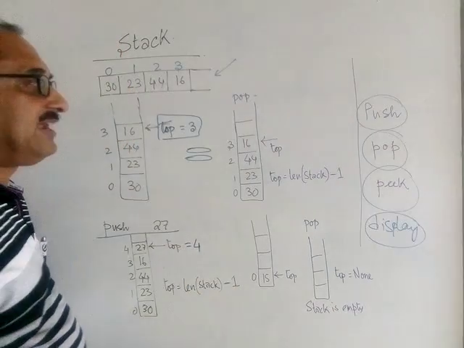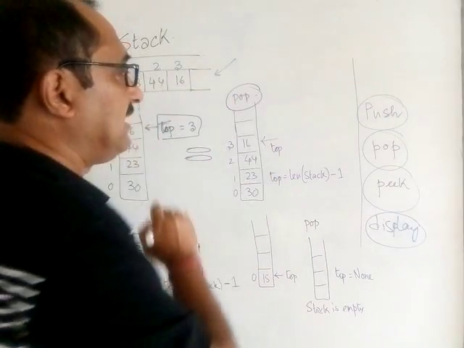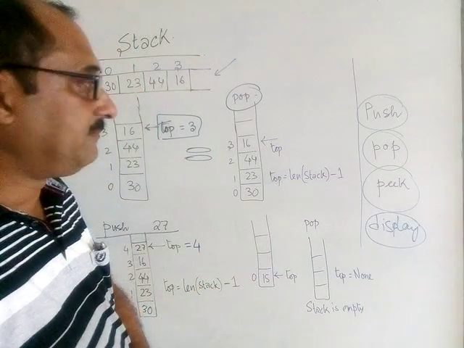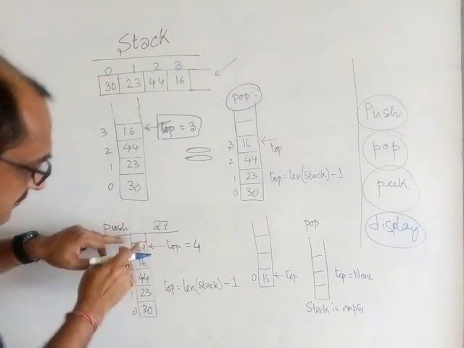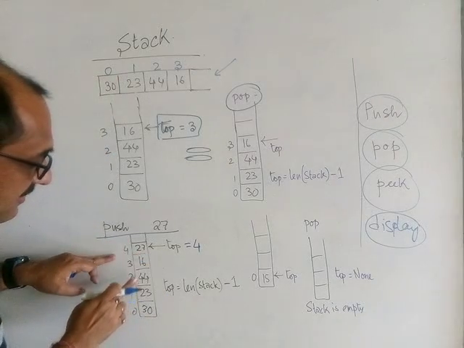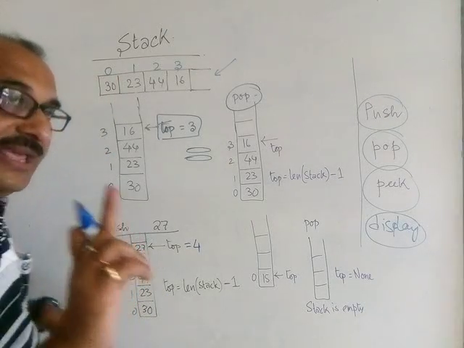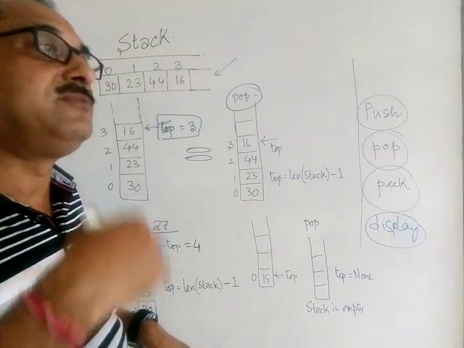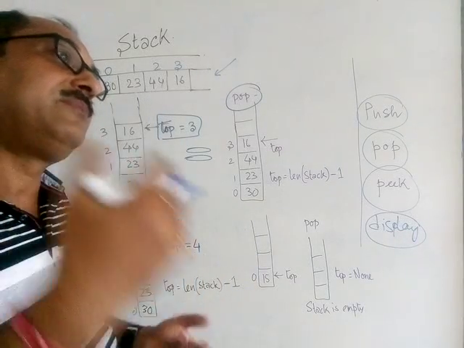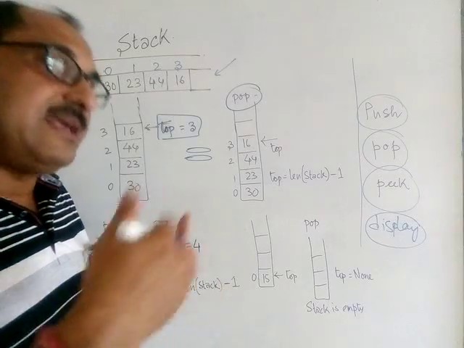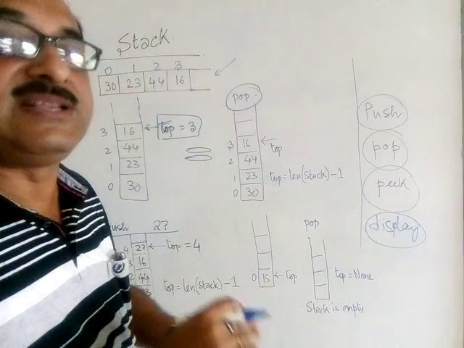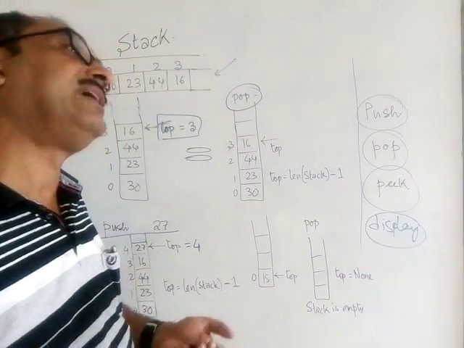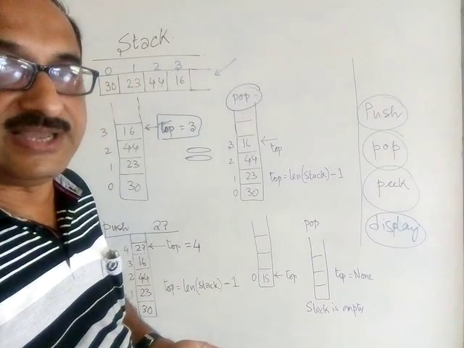Now look at this. I have tried to delete one element. I wanted to pop one element. So if I pop one element from this, what will happen? I can only pop one element at a time. I cannot do multiple pops. If I have to do multiple pops, then multiple times I have to write pop. That particular part of the code has to execute again and again.